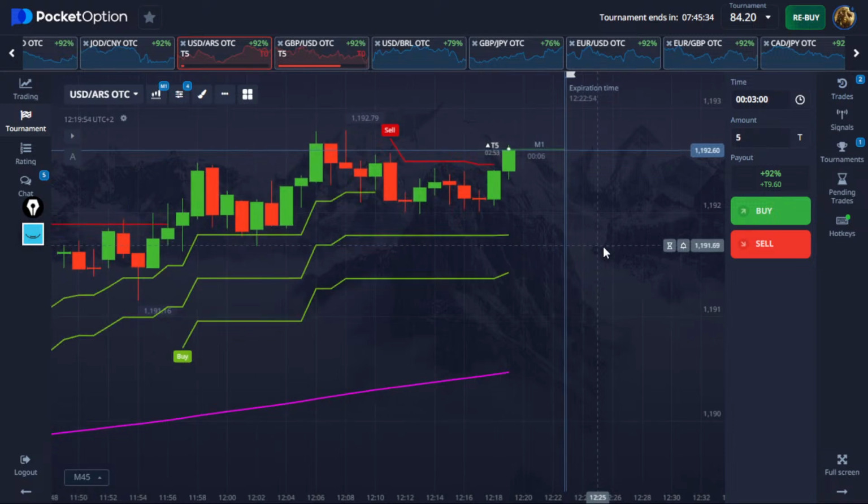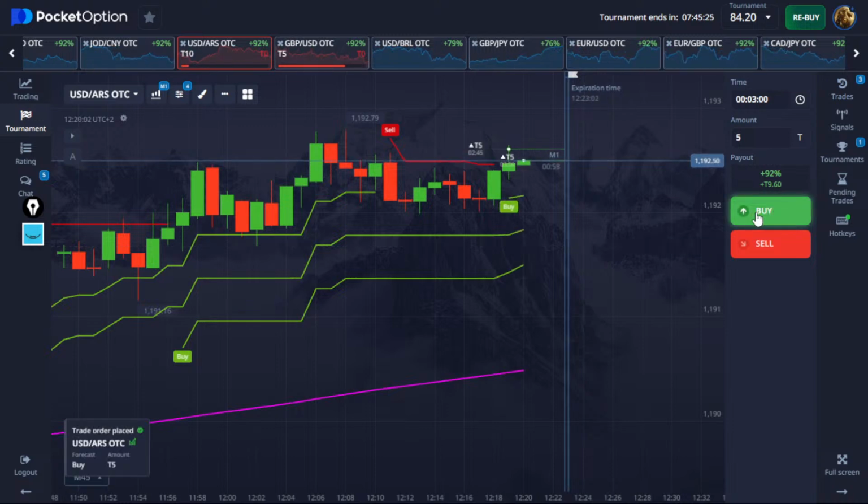Remember, we are following the rules of the strategy which we are testing. I don't use this for my day-to-day trading. Look at this pullback. No problem, I'll take one here.